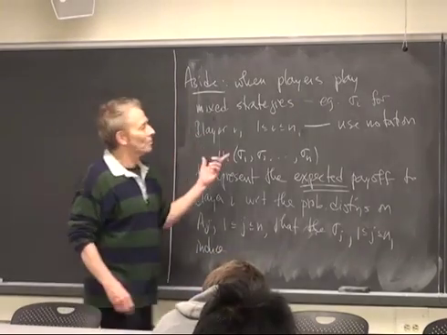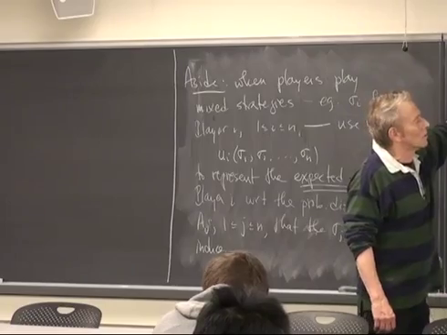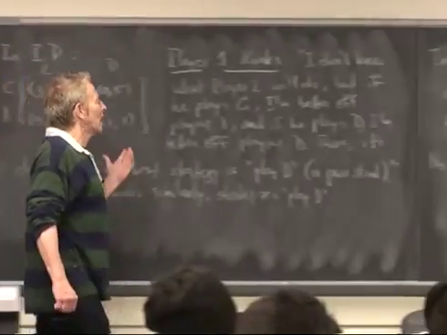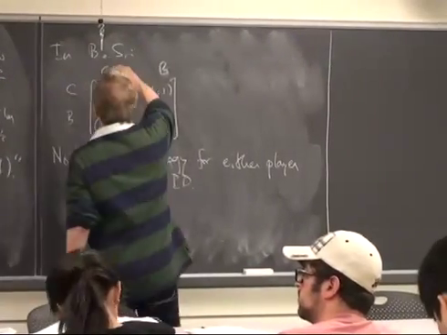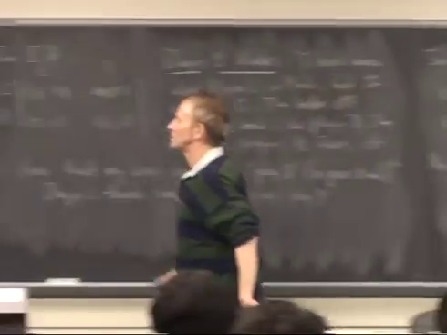So if, for example, player 1 plays sigma 1 equals 2/3 C plus 1/3 B in the battle of the sexes, then player 2's expected payoff to playing C is going to be... well, let's just do it.